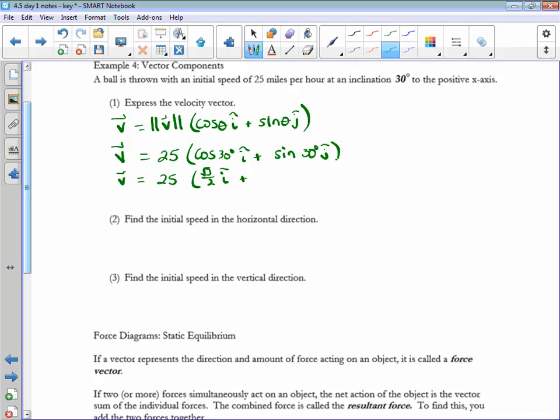And then what's the sine of 30? Then we are just multiplying by 25. So there's two ways you can write your answer here. I can do 25 root 3 over 2 i plus 25 over 2 j. Or I would also gladly accept the component form here, 25 root 3 over 2, 25 over 2.